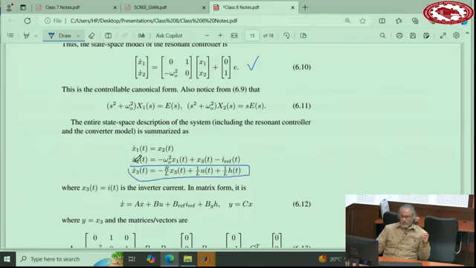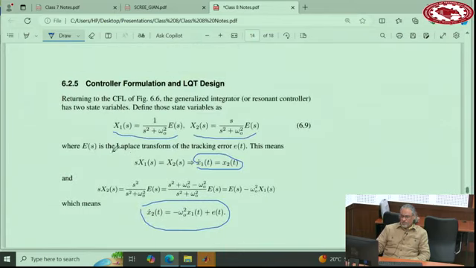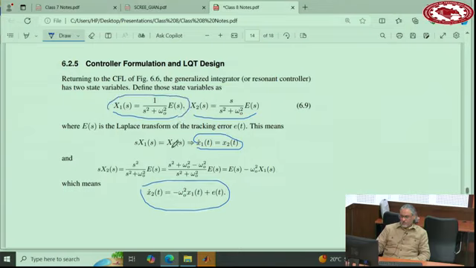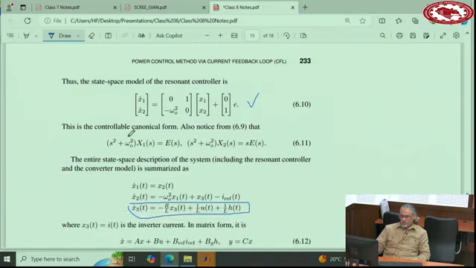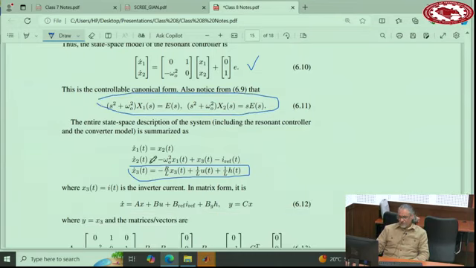So X3 is current, X1 and X2 are the state variables of the resonant controller. Based on the definition we just gave, you can derive these two equations as well. Okay, keep those in mind. We'll use them in a moment.